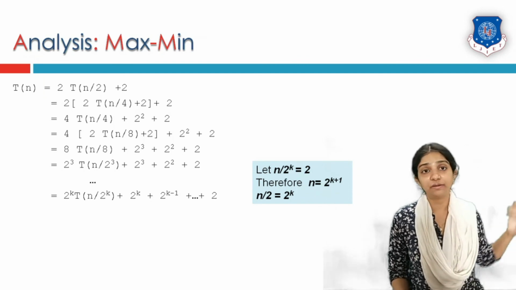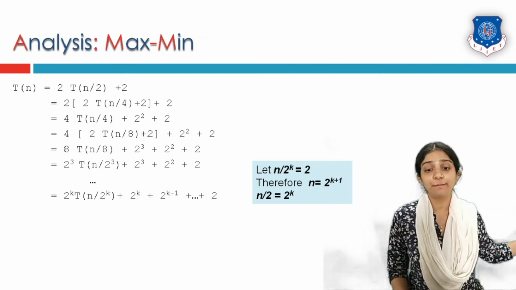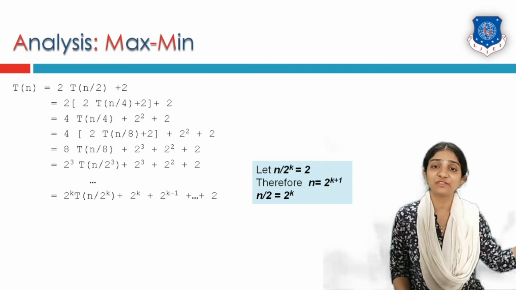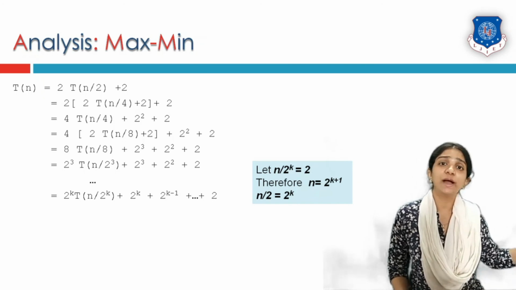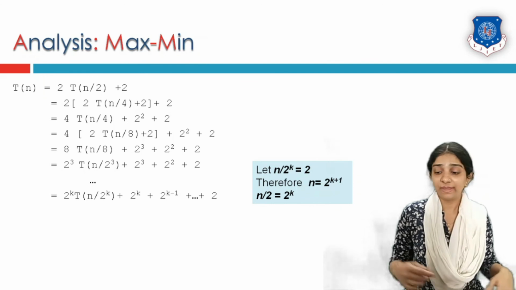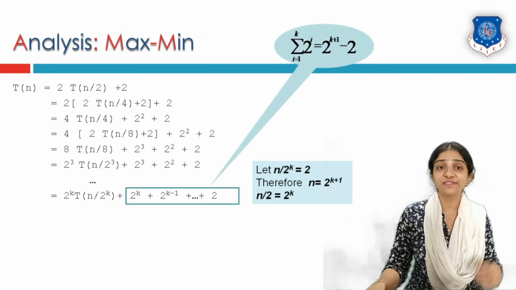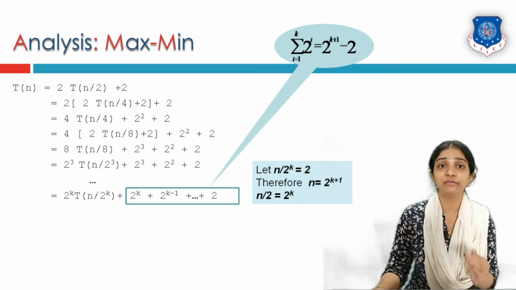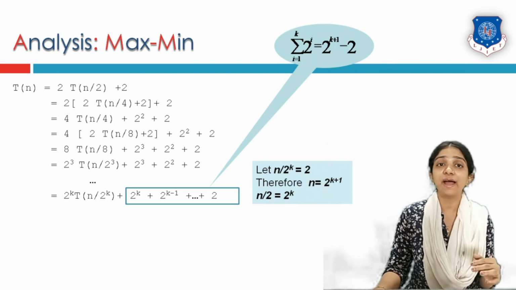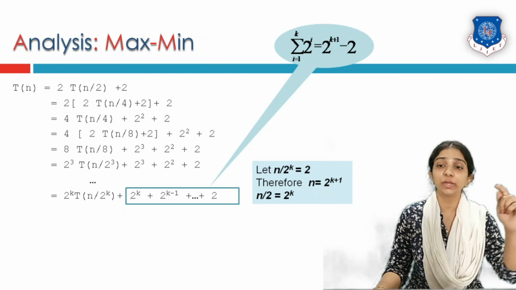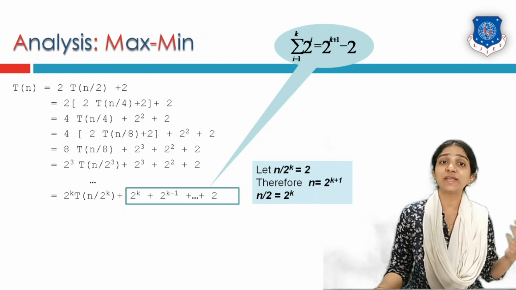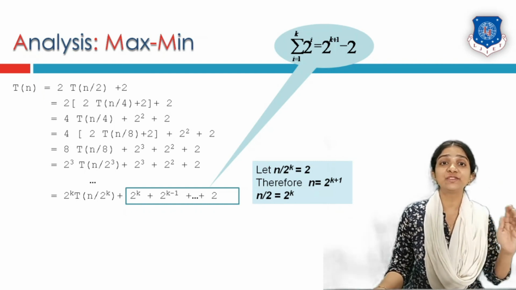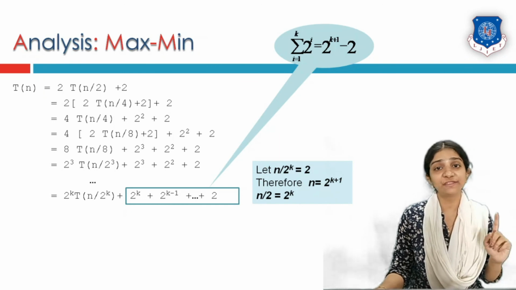But the later terms, that is 2 raised to k plus 2 raised to k minus 1 plus 2 raised to k minus 2 up to 2 raised to 1, are written as a summation formula. That is the summation of 2 raised to i, where i ranges from 1 to k, which is also expanded as 2 raised to k plus 1 minus 2.